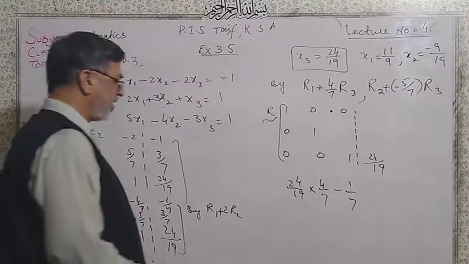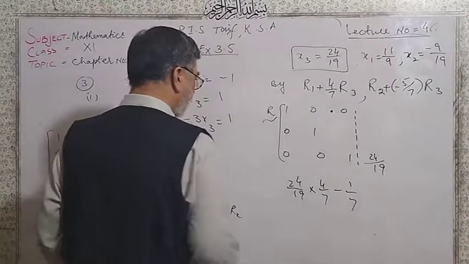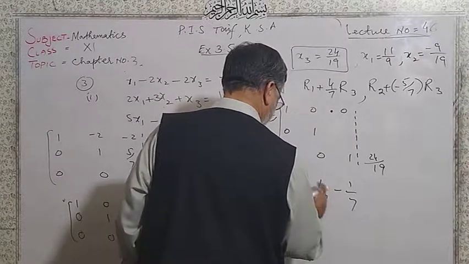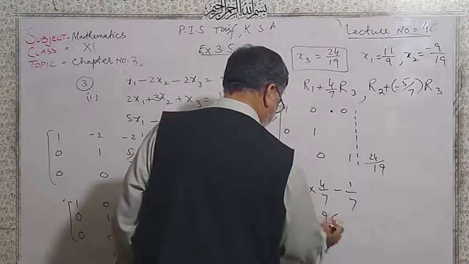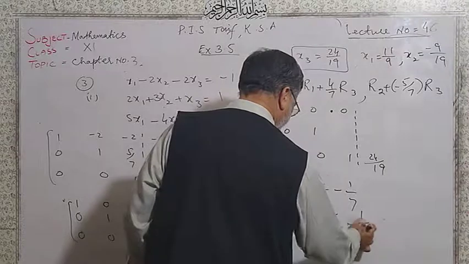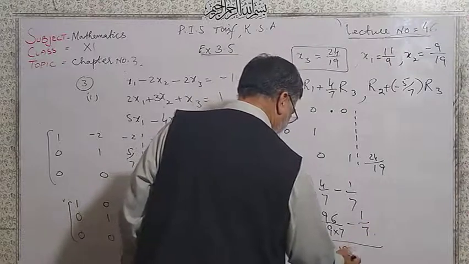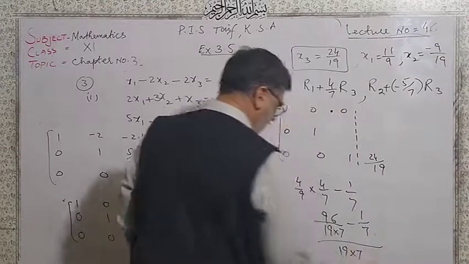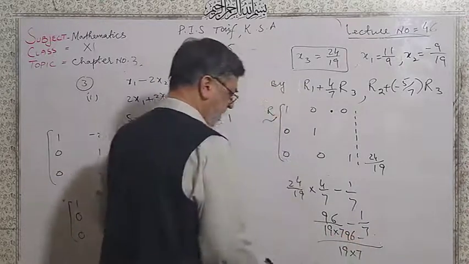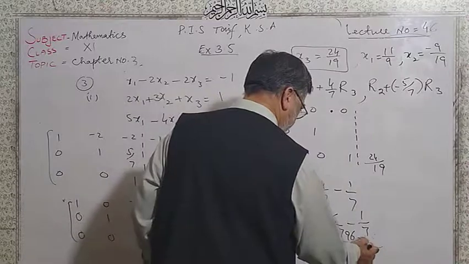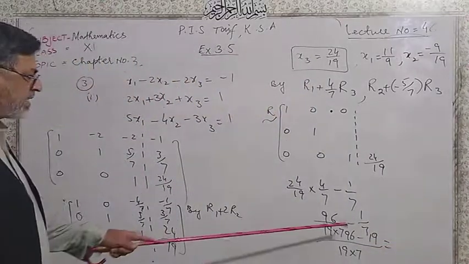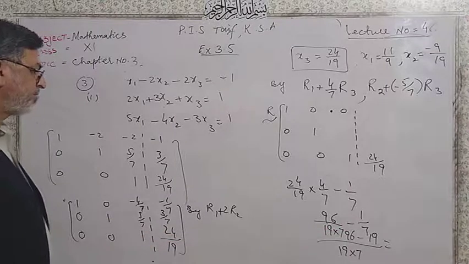So you can check what that will be. 4 fours are 16, that is 96 over 19 into 7, minus 1 over 7. You can take LCM as 19 and 7. That will be 96 minus 7, the 7 cancels out, and here will be 19. 96 minus 19.